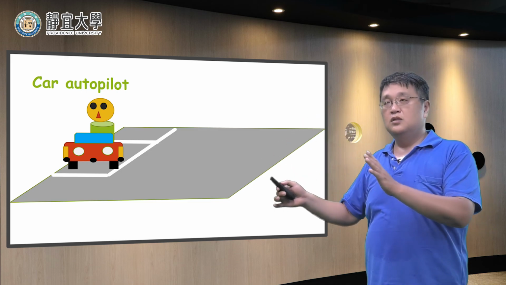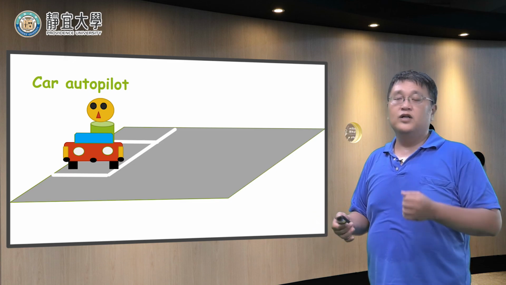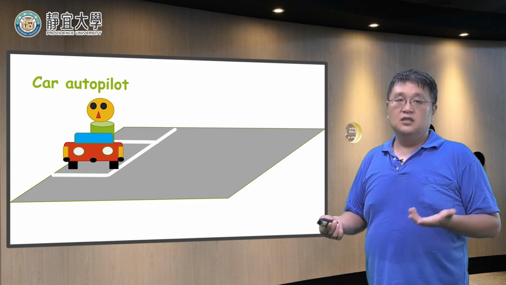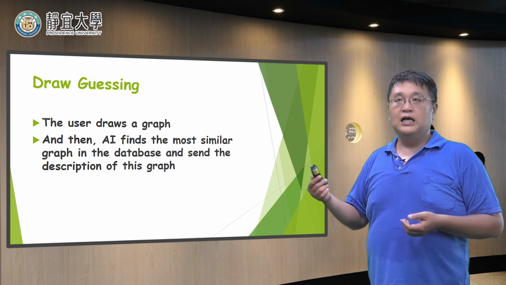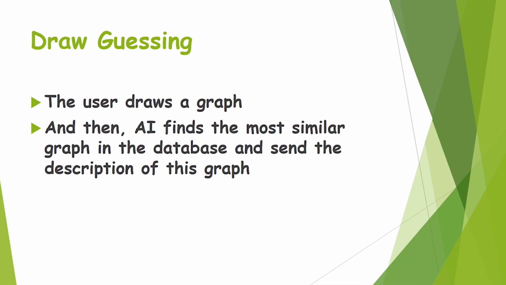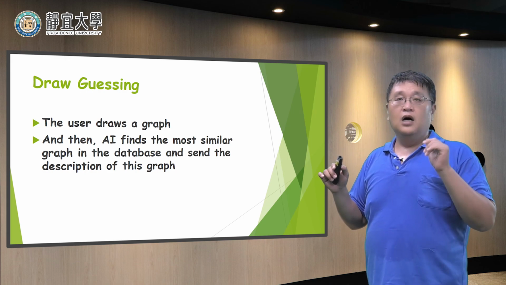Just tell it, and the computer will drive and place our car in the right way, just like autopilot. This kind of thing just uses our knowledge to tell the computer how we do it.